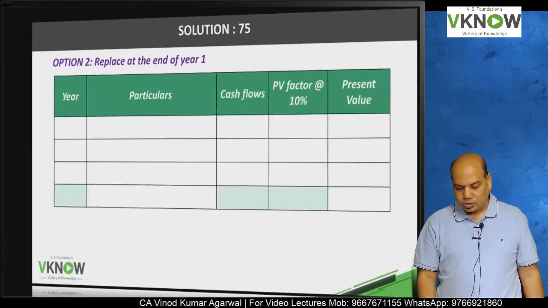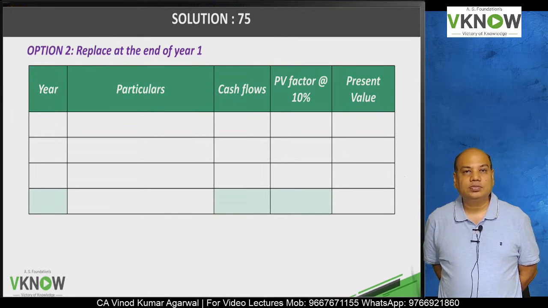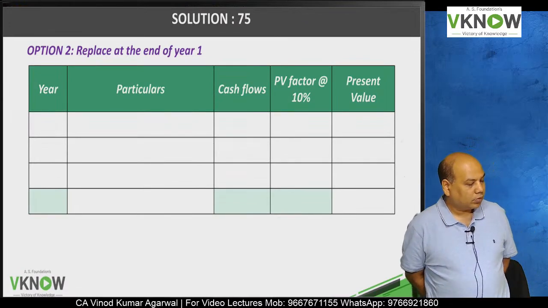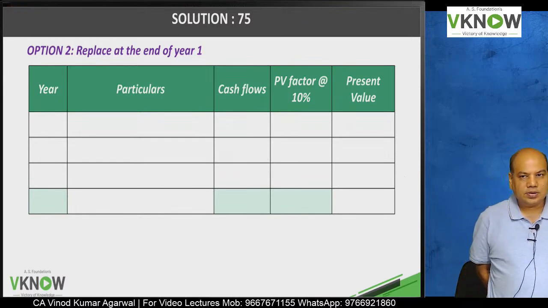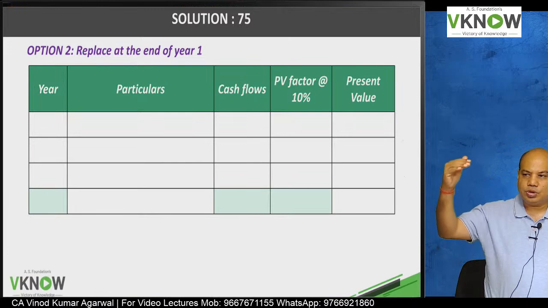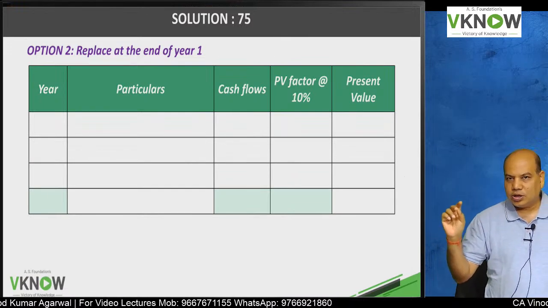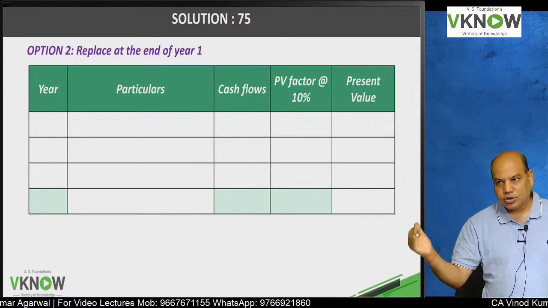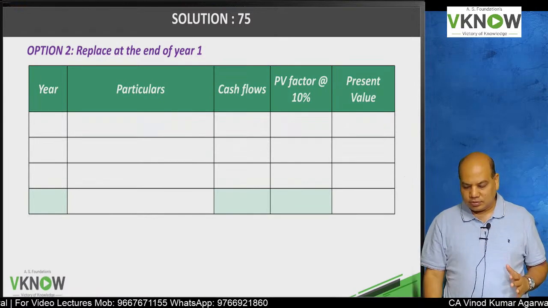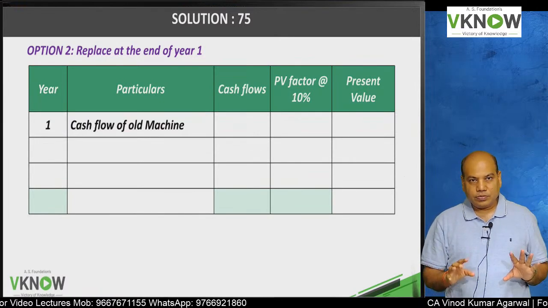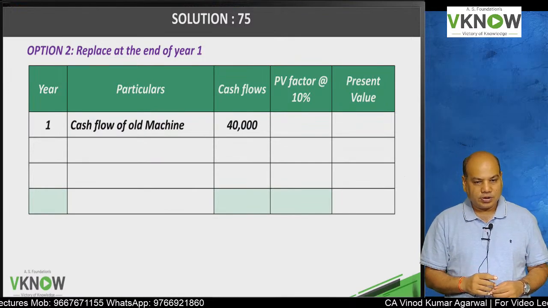Now write down option 2, replace at the end of year 1, which means first up to year 1 use the old asset, and from year 2 onwards use the new asset. If you use the old asset for 1 year, then cash flow will be 40,000. It is given in the question.